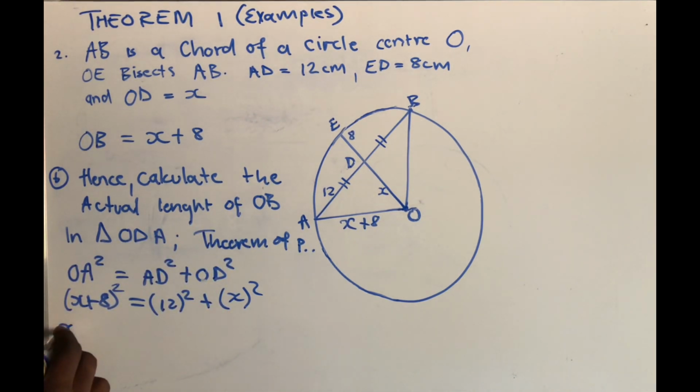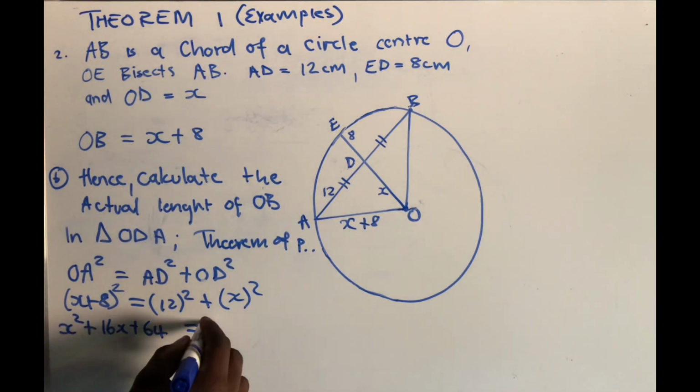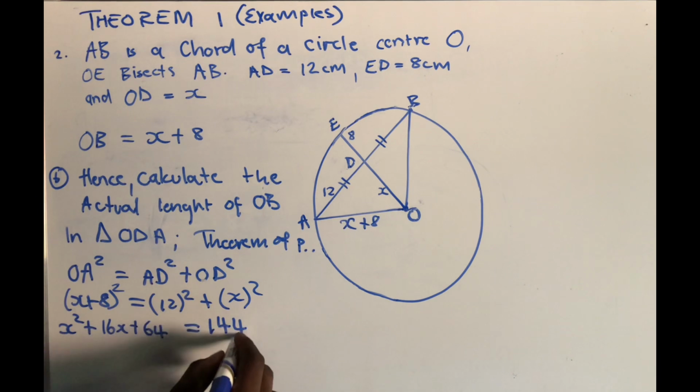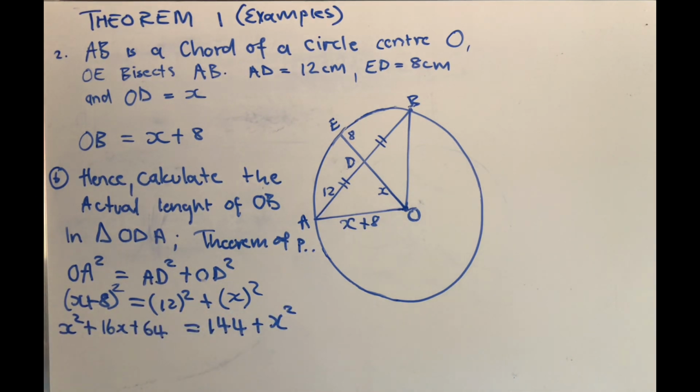This will give you x squared plus 8 plus 8. What's 8 plus 8? It's 16x plus 8 squared, 64. You get 12 squared, which is 144, plus x squared. So now you have to group like terms.